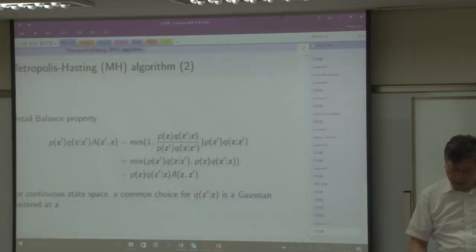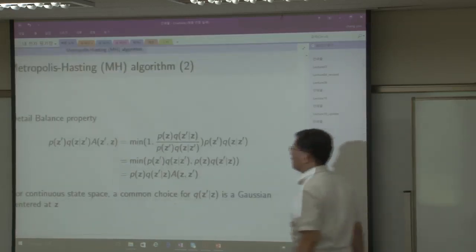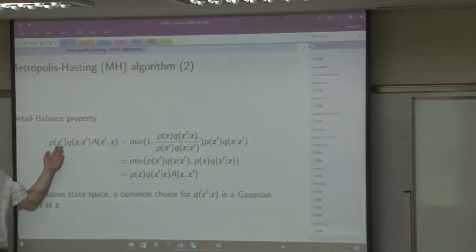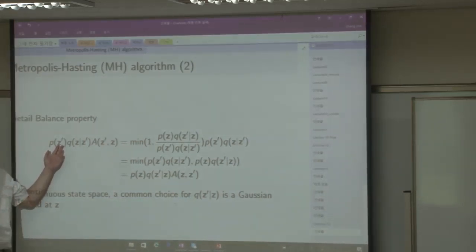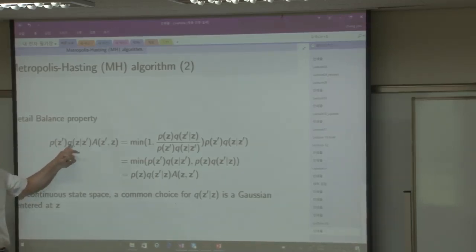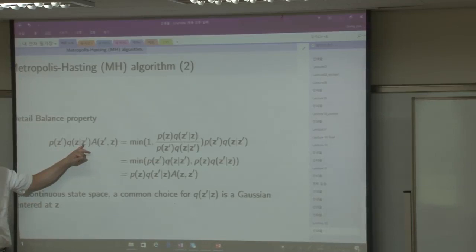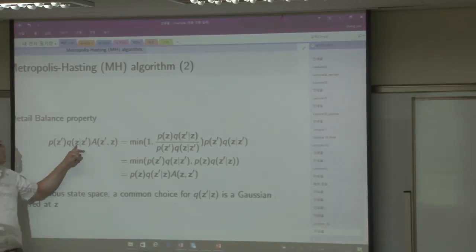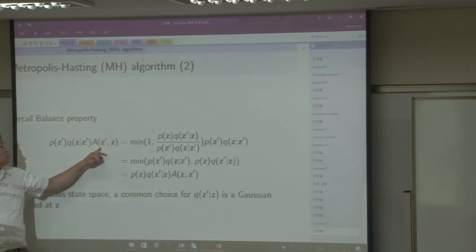And here again, let's look. You start with Z prime. This is a little bit different from the book. You start with Z prime, and from Z prime, you get Z. And then you accept it with this.